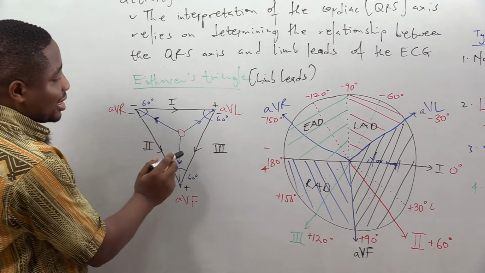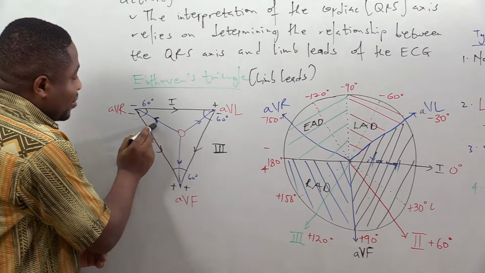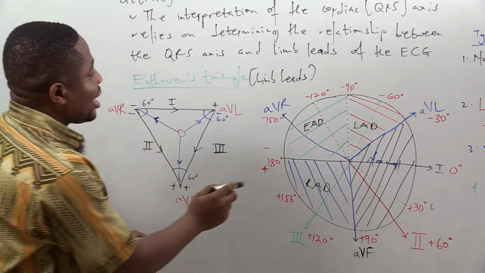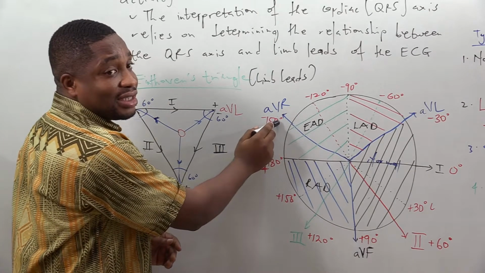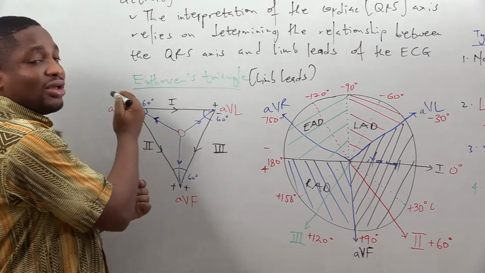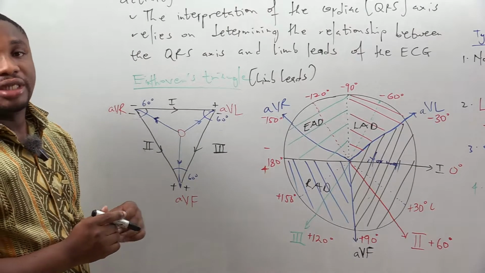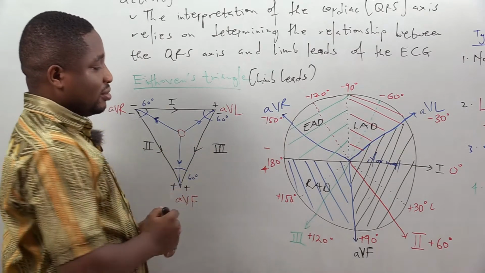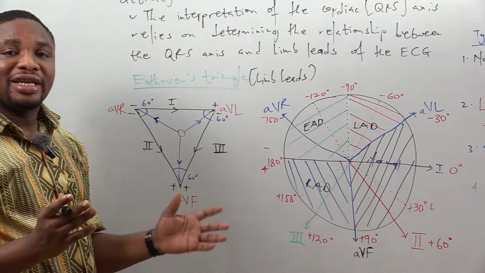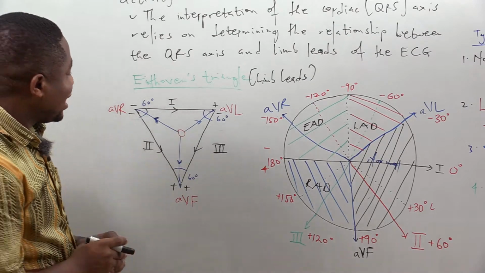So it tells you that the AVR will be at 150 degrees. And because it's pointing away from the ground, it is going to be negative. I believe we are making a whole lot of sense out of this.